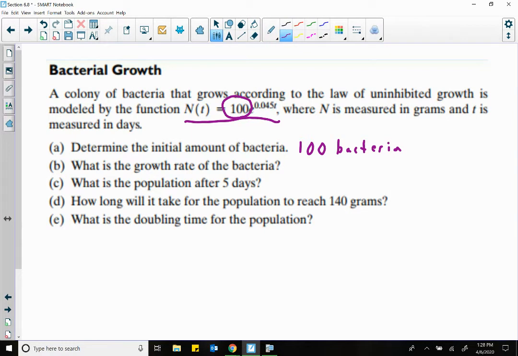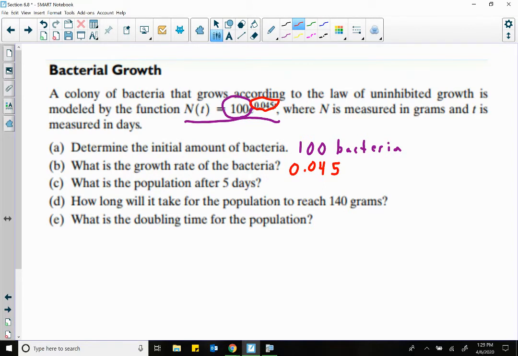What is the growth rate? The growth rate, that's talking about K. Remember, K is up there by the T. So there is your growth rate, 0.045. Now, it might want it as a percent.